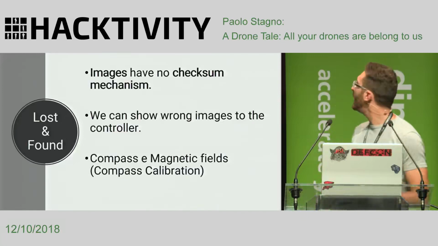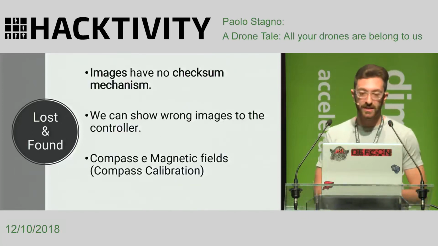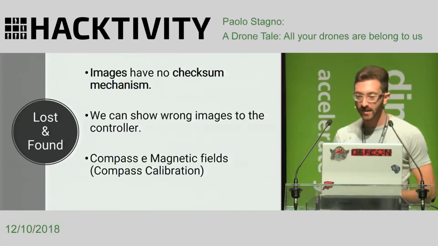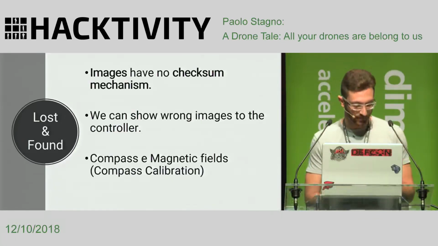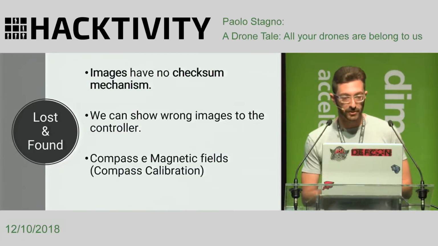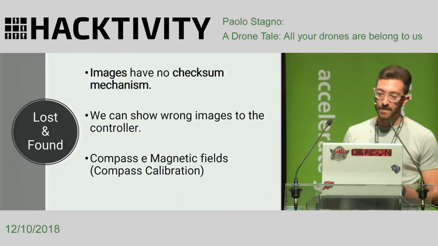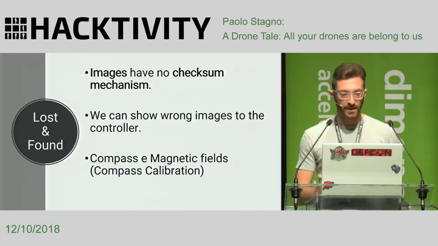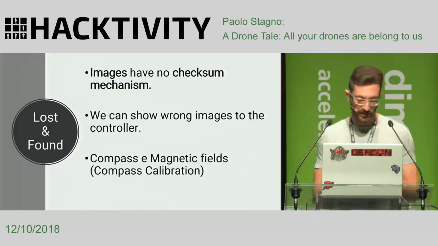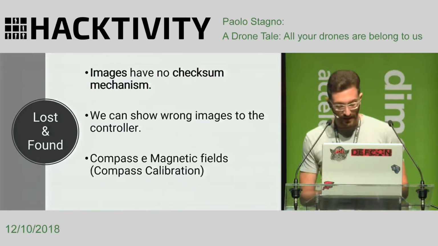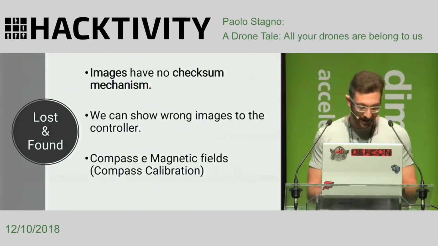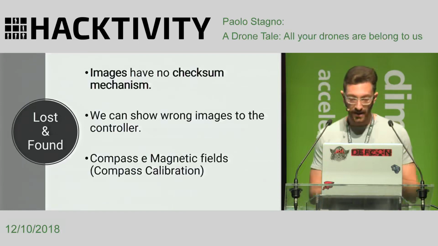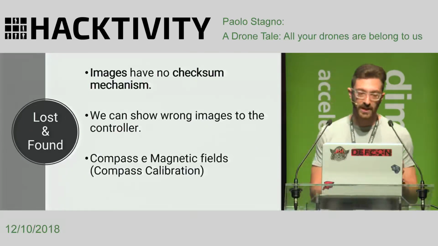Another thing, the drone is really sensitive to electromagnetic fields, and it has a compass system that requires calibration before the first flight. And I can tell you from experience that if you, for example, turn on the drone next to a big mass of metal, the compass will go crazy and it will require calibration.